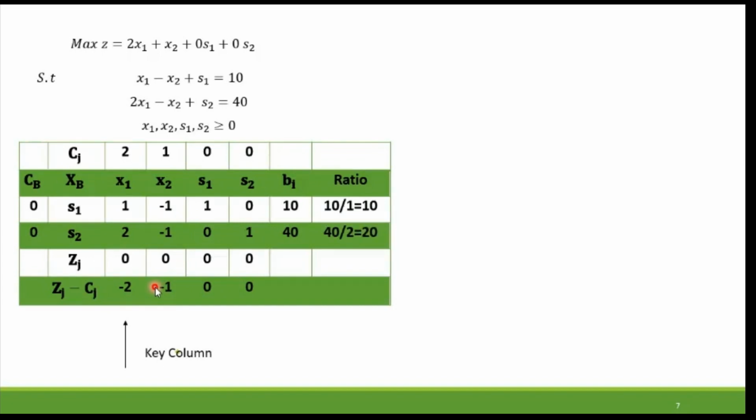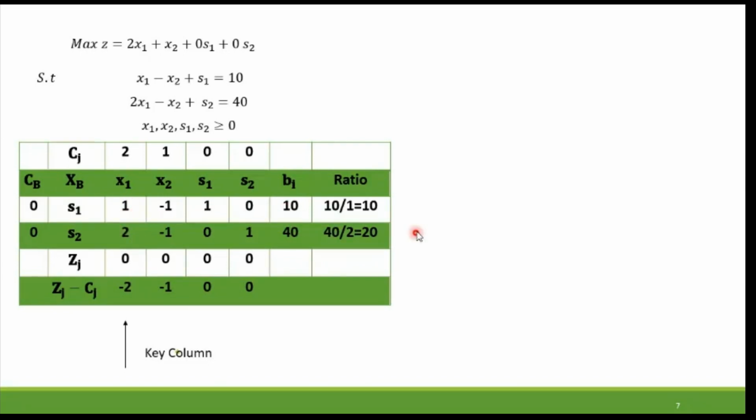Okay, take the ratios of only positive numbers. Even zeros are not allowed, minus signs are not allowed. Whatever is BI divided by the positive numbers in the key column.